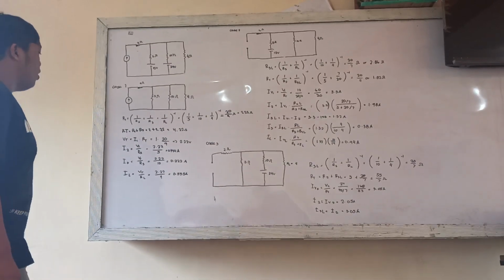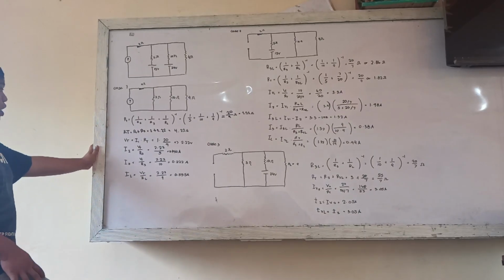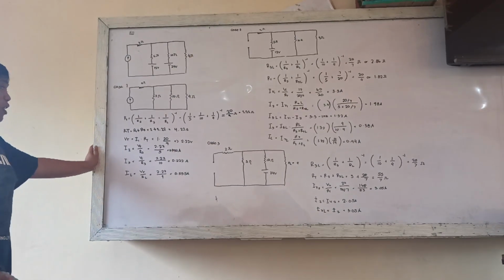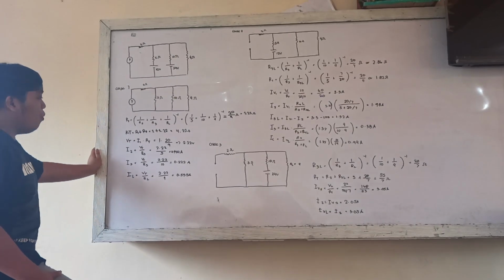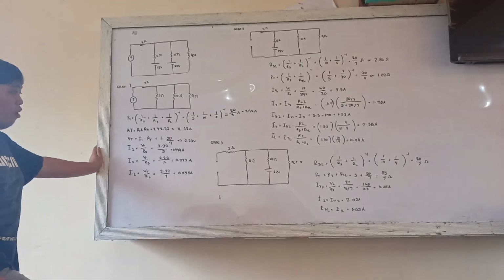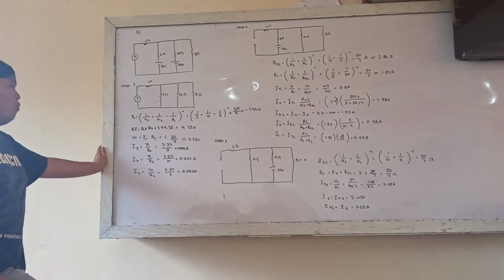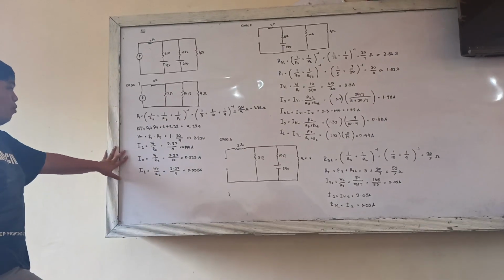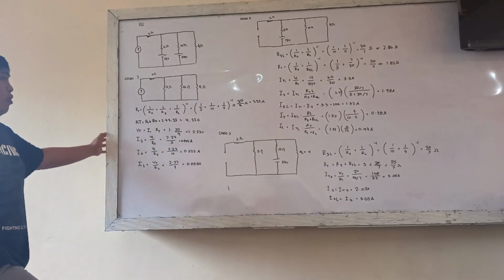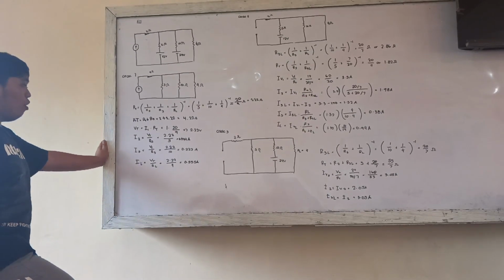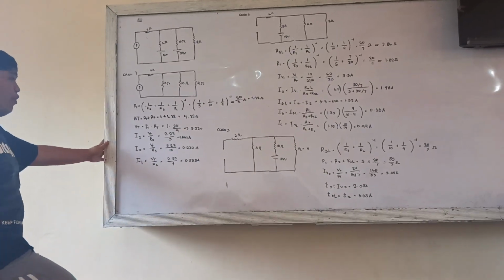To get our voltage total, we're going to use the formula I1 multiplied by R total. Substituting, 1 times 20 over 9 is equal to 2.22 volts. For I2, we're going to use the voltage total over resistance 2. Substituting, 2.22 over 5 is equal to 0.44 amps.